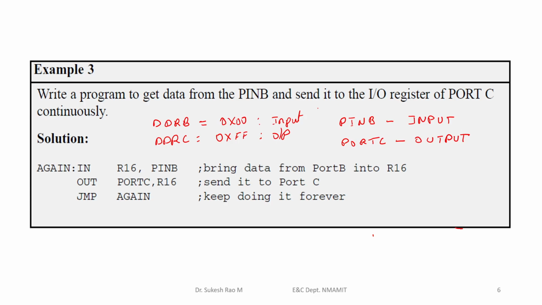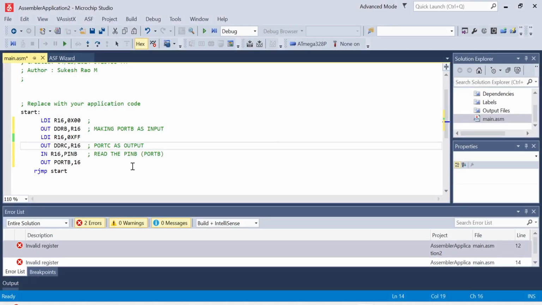Out PORTC, okay, that is out PORTC. So go back to the code. Output C, okay, that's it. So output C, R16. Is that right? So send the value to port C. That's it. So this is what I wanted to do, and this has to loop. I can give some rjmp, say wait, rjmp, say continue. I can give it here.